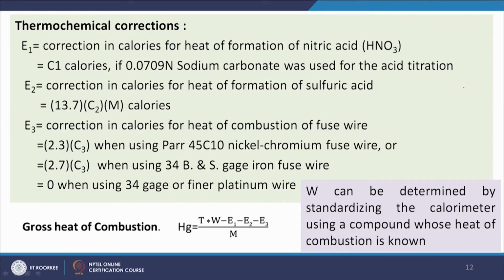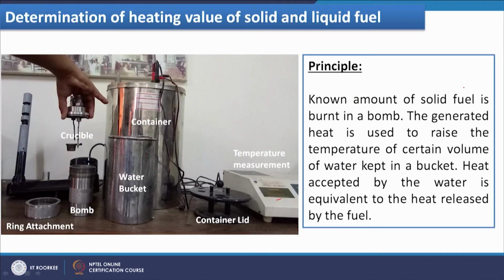The heat released here is transmitted to the water, and by del T change we calculate the heat taken up by the water and the bomb material, but that is not produced exactly by the combustion reactions only. It has some contributions from other sources also.